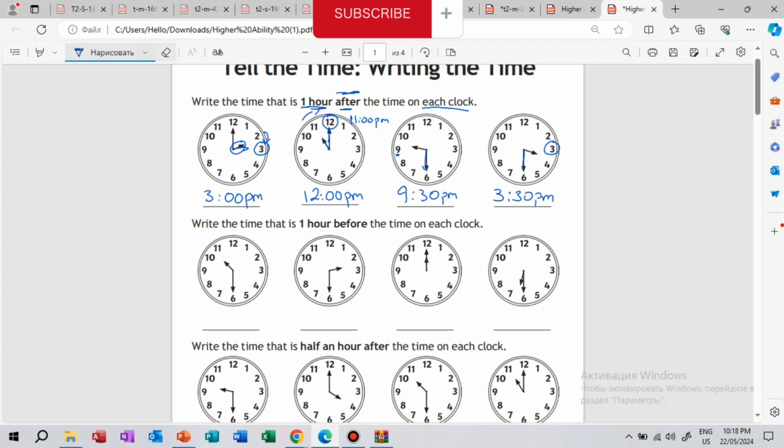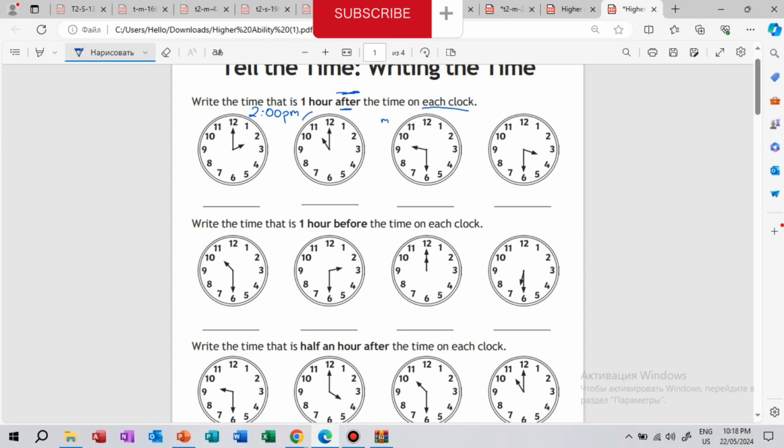Now, if it tells you to make it in a 24-hour format, what is a 24-hour format? So right now we're using a 12-hour format. Let's use the first clock. Now the first clock says 2 p.m., right?